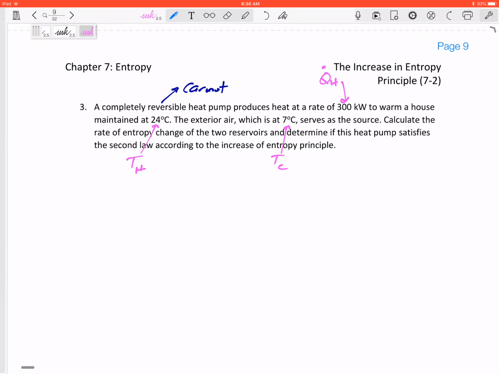All right, calculate the rate of entropy change of the two reservoirs.